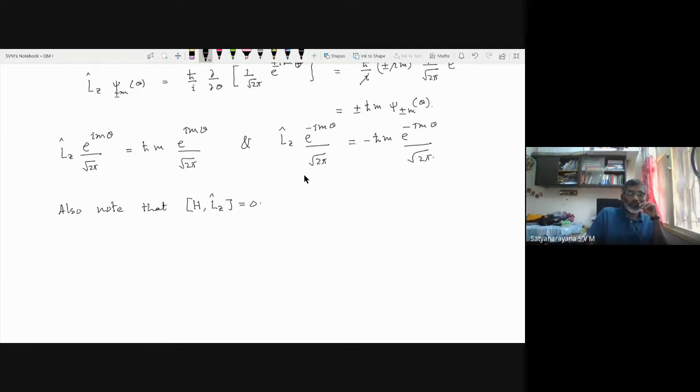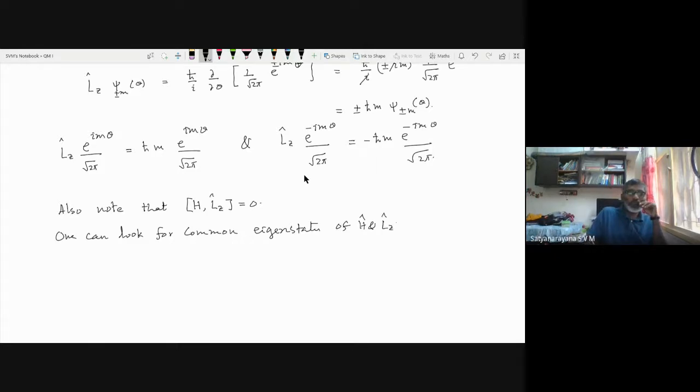So one can look for common eigenstates of the Hamiltonian and Lz.